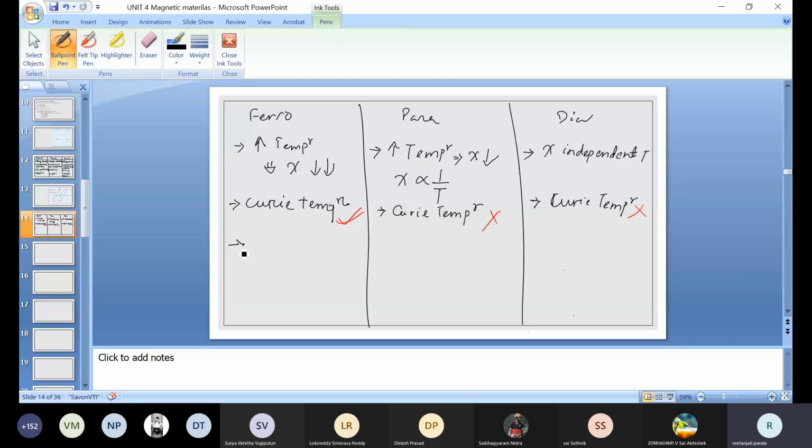Then comes the relationship between B and H. In case of your ferromagnetic material, this B and H will show a complex relationship which will lead to your hysteresis loop.